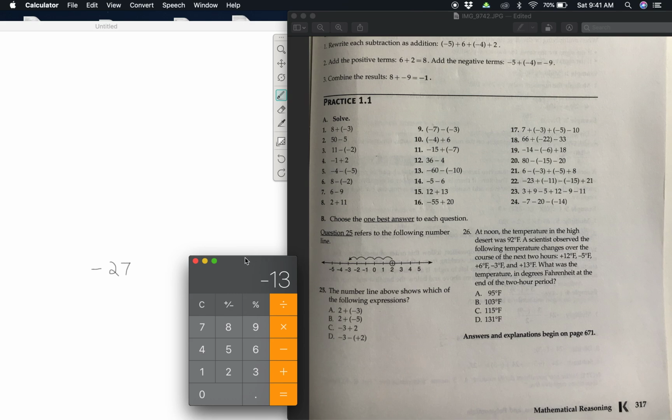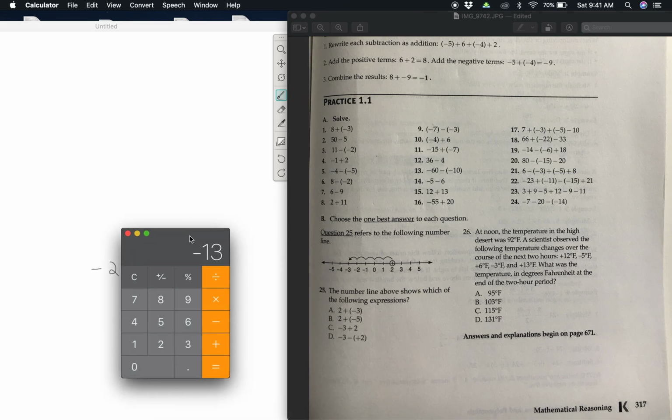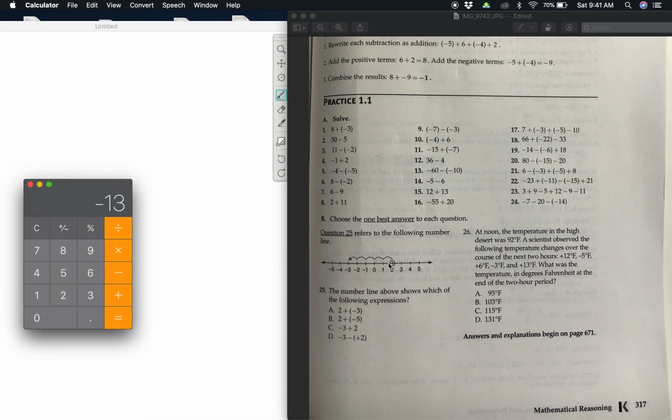Okay, so to even further conceptualize the number line here: the number line above shows which of the following expressions. If you're just looking at it like this, it looks like, oh yeah, I see a positive 2, which is right here, and then I see a negative 3.